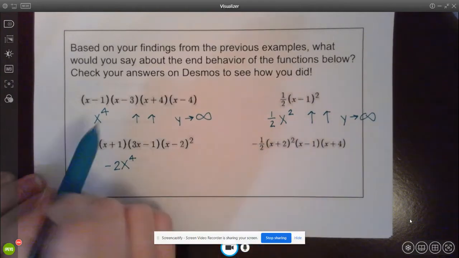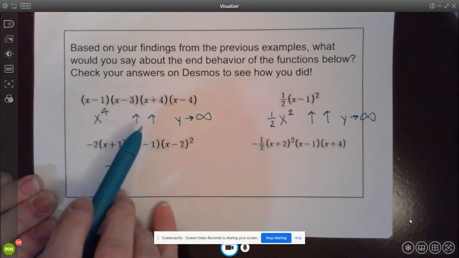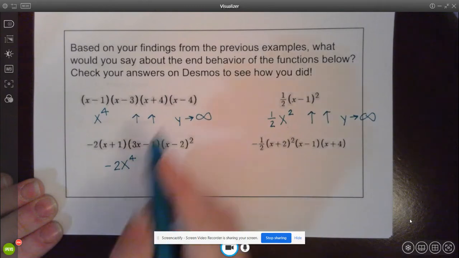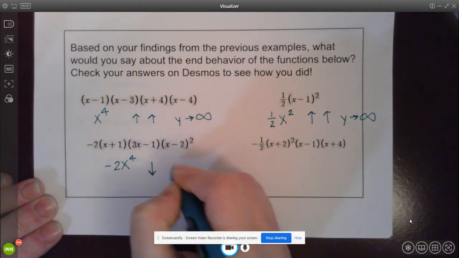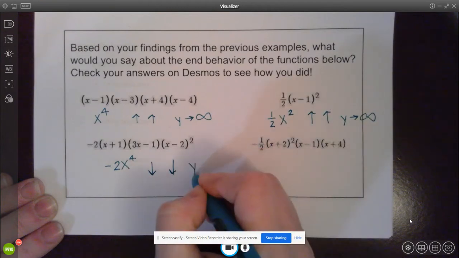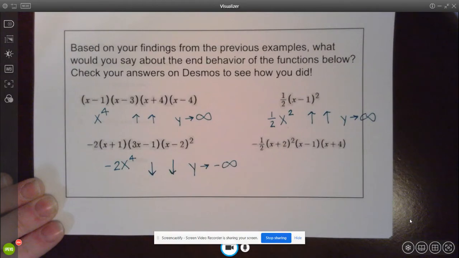So it's sort of similar to this first one we have, where we were going up and up. But we know when we have a negative leading coefficient that ultimately it's going to reflect my graph. So now my y values are actually going to head to negative infinity and not positive.